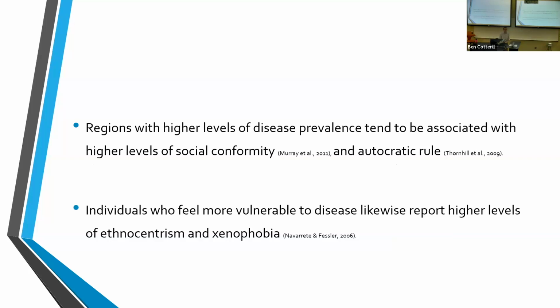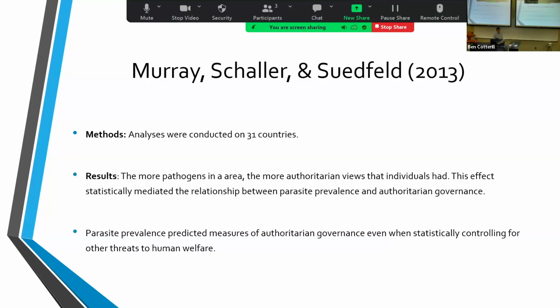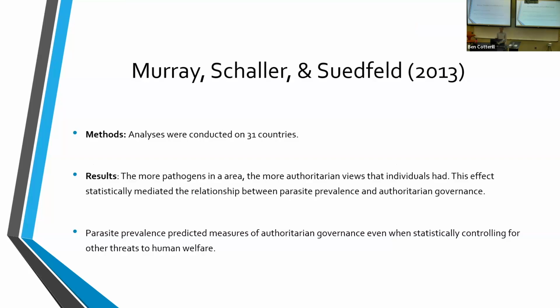Indeed, regions that have more disease prevalence have been found to have more social conformity and more autocratic rule. And individuals who feel more vulnerable to disease are more likely to be xenophobic, fearful of strangers. But probably the best evidence for this argument comes from Murray and colleagues.